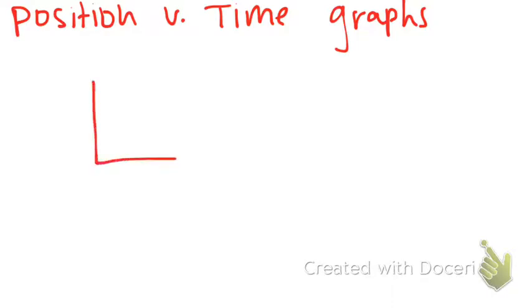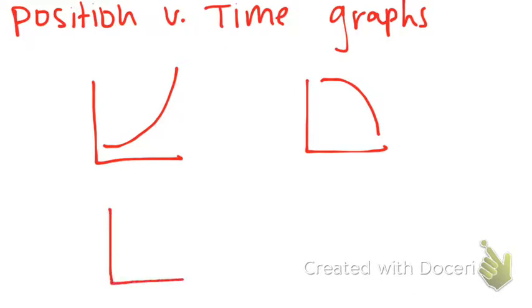So I'm going to draw out 4 graphs. And these represent a lot of different types of motion. Four different types of motion to be exact.